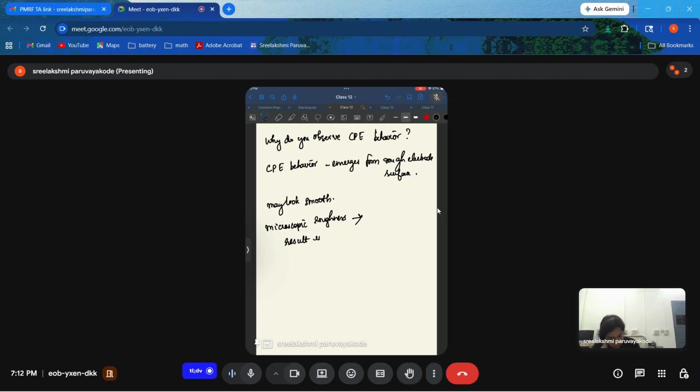So they result in different energy levels at each point, and this results in CPE behavior. Because of this, the current distribution at each point will also be different.